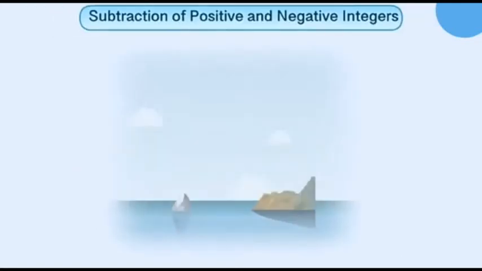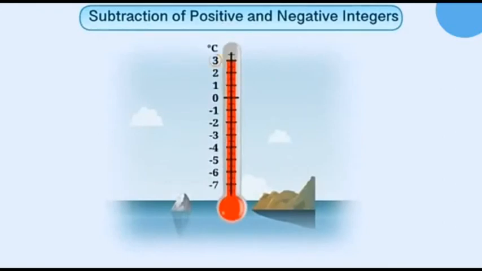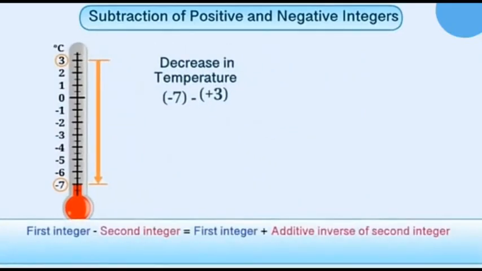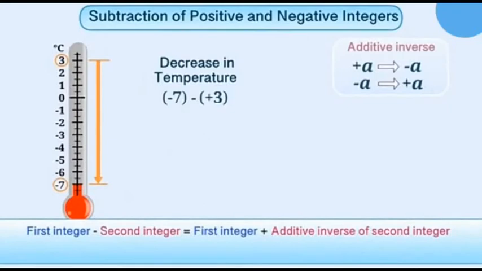Next example. Suppose the temperature at a place is 3 degrees centigrade. If it decreases and reaches minus 7 degrees centigrade, then the decrease in temperature can be found by subtracting plus 3 from minus 7. Even in this case, we will find the additive inverse of the second integer plus 3. The additive inverse of plus 3 is minus 3.